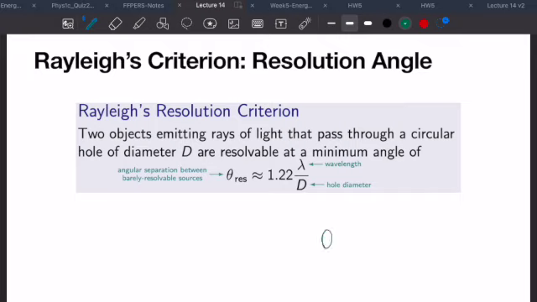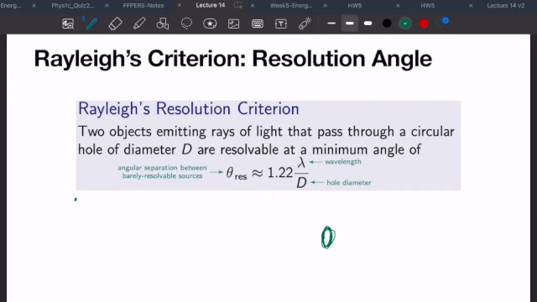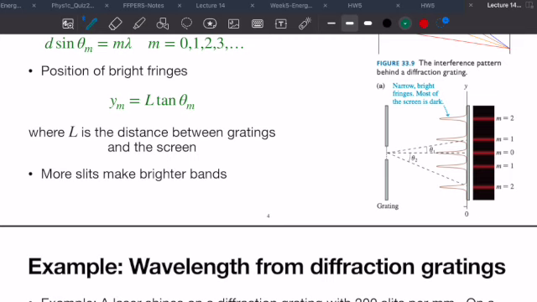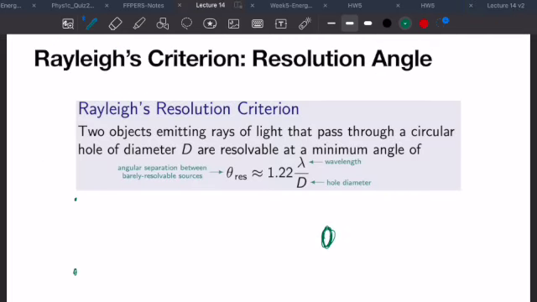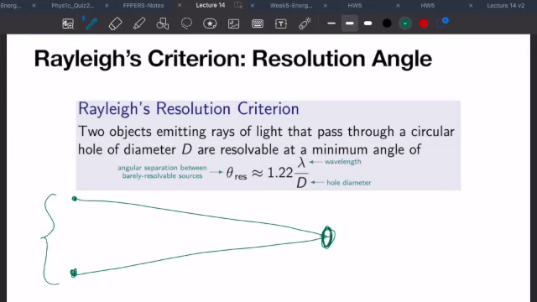So let's say the hole through which these light rays are passing is here, and let's say I have 2 objects that are separated by some distance. When I draw a ray coming from each of these, so these are our 2 objects of interest, this separation is the distance between the 2 objects.